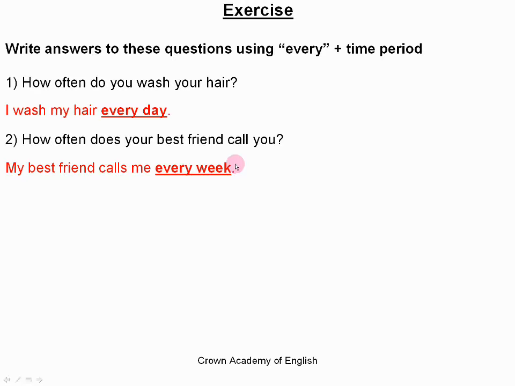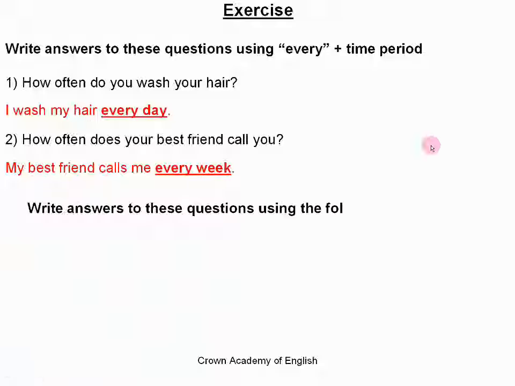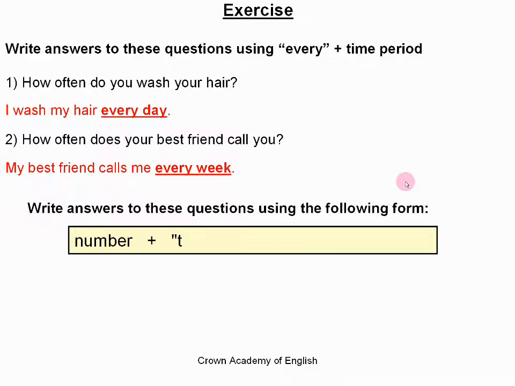So notice how week is in the singular and day is in the singular, and they are at the end of the sentence. Write answers to these questions using the following form. So we saw this form earlier. Number times a period of time.